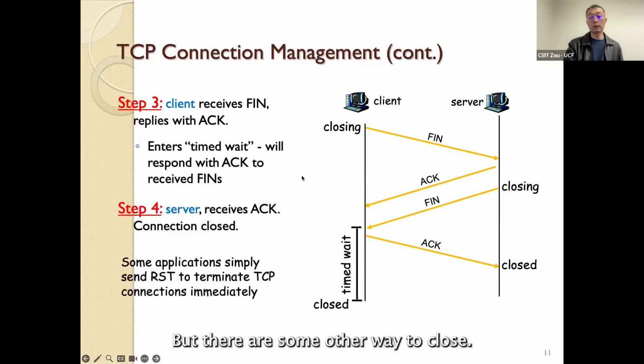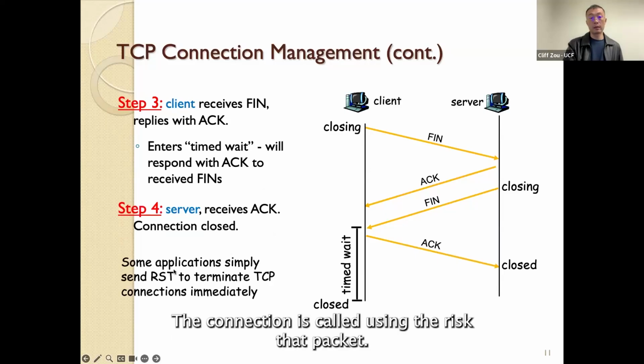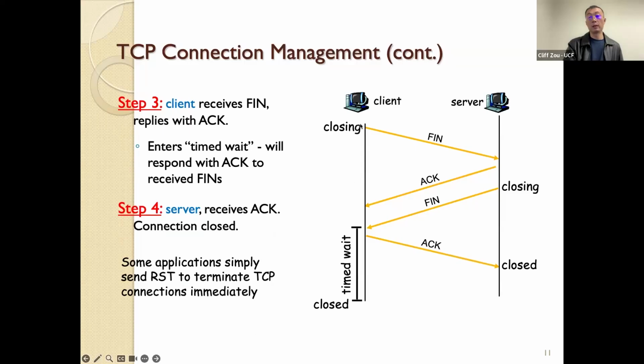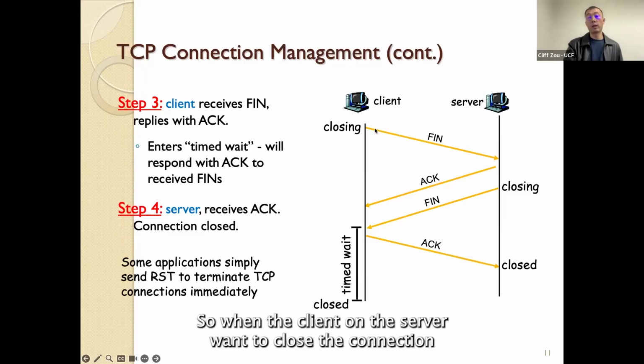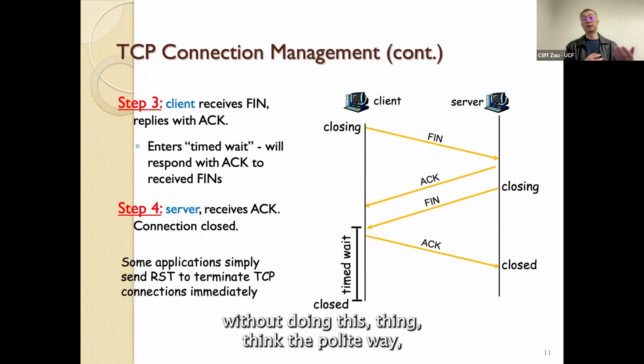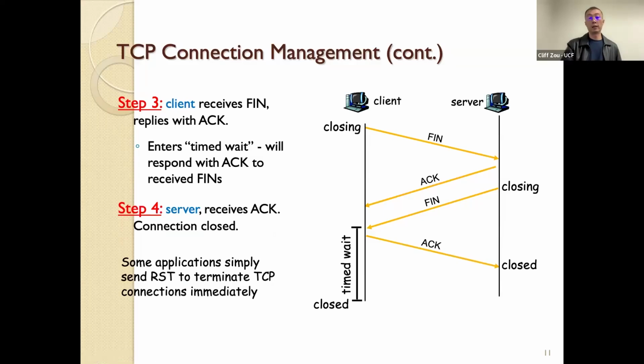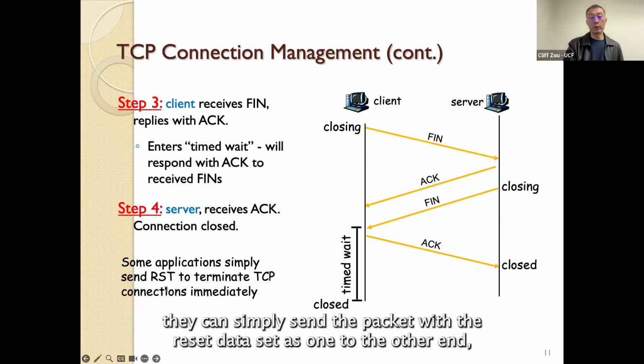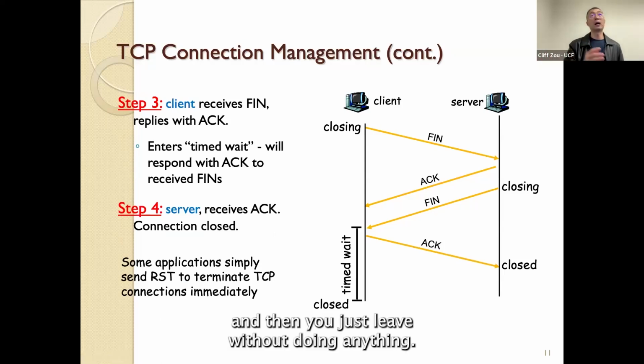But there is another way to close the connection. It's called using the reset packet. So when the client or the server wants to close the connection without doing this FIN-ACK polite way, they can simply send a packet with the reset bit set as 1 to the other end, and then you just leave without doing anything.